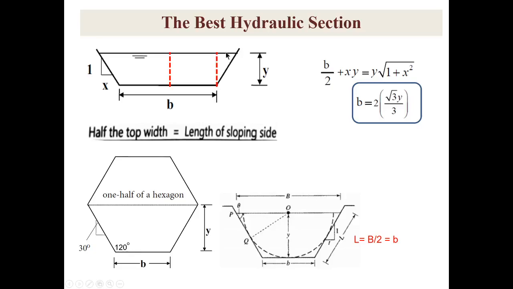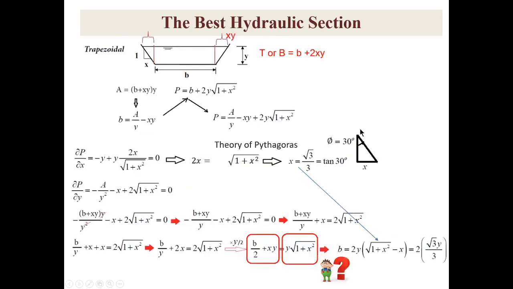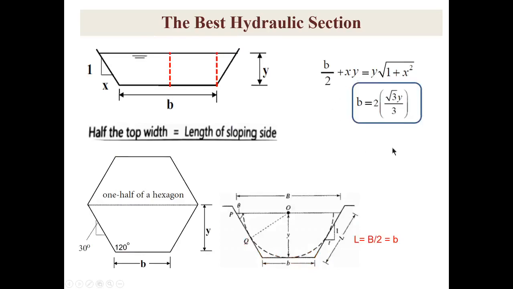If that were geometrically true, this shape would not be the most efficient trapezoidal section. From mixing the two conclusions, I found b equals 2 square root of 3 times y over 3. I repeated this for you again in this slide.